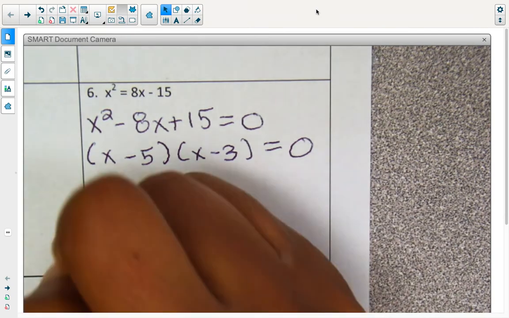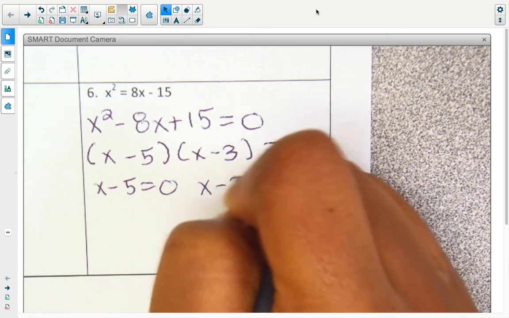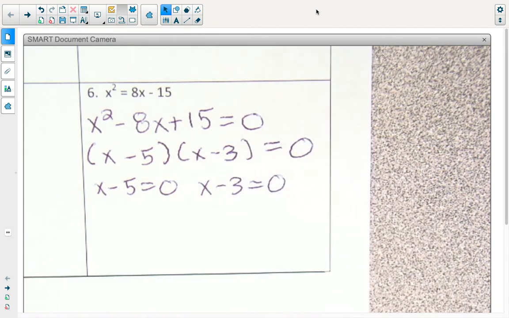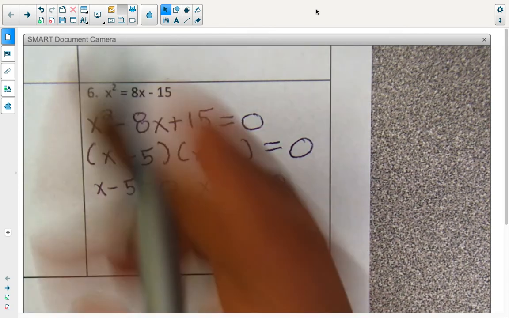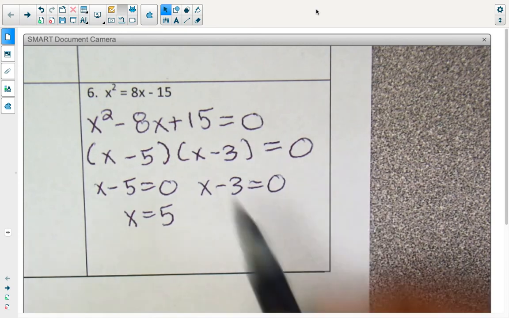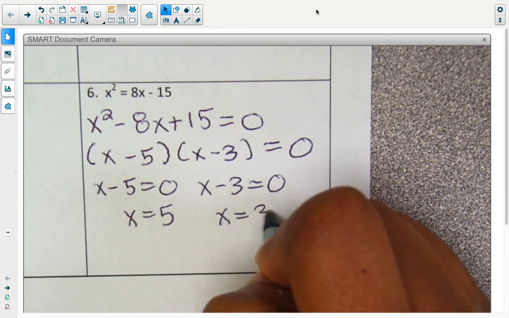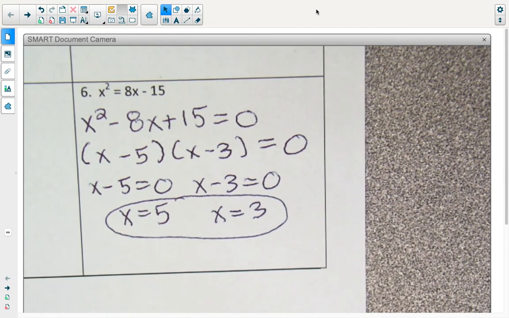From here, we set each factor equal to 0 and we solve it. These are one-step equations. I'm sure you can do them in your head. Add 5, that gives me 5. Add 3, that gives me 3. And now we know how to solve equations by factoring.